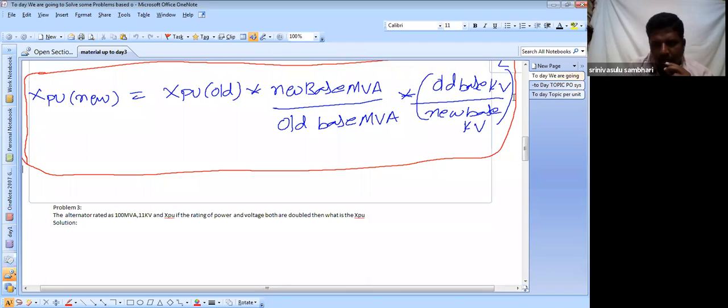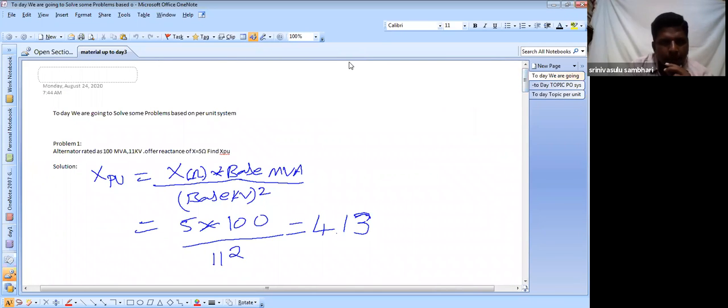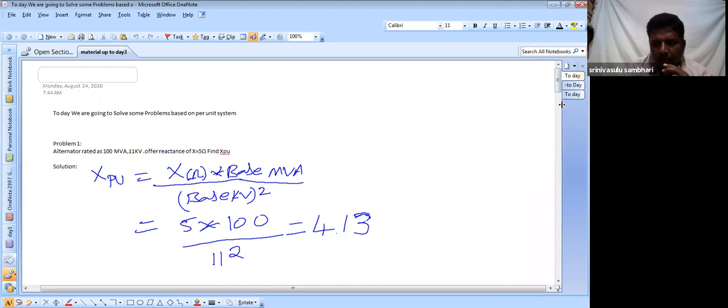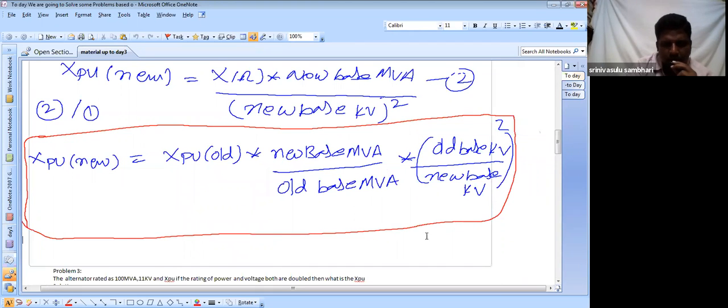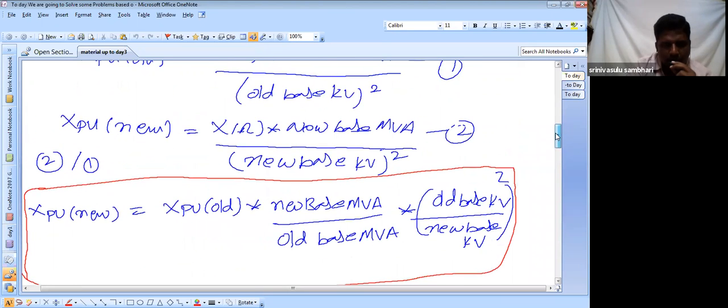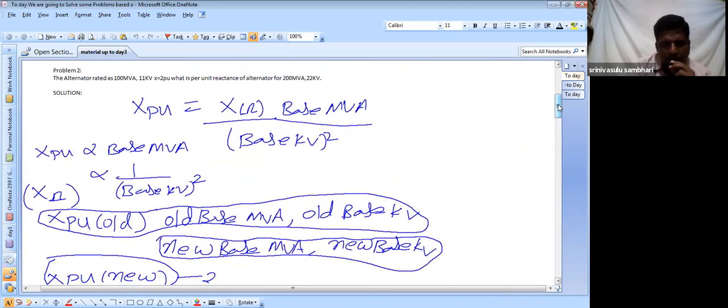Now, the last class we discussed the current reactance is dependent upon the base MVA and base kV.